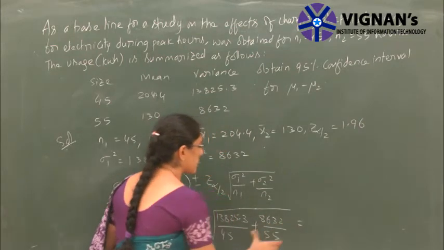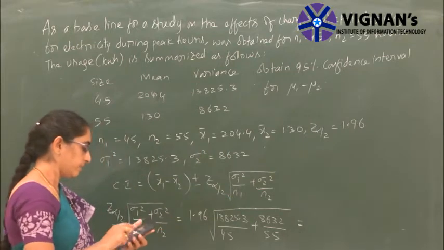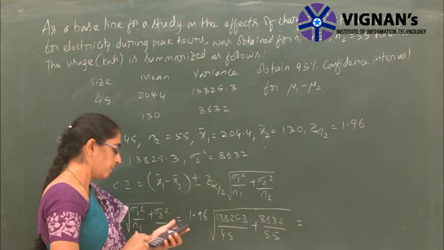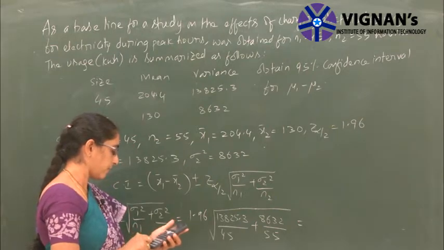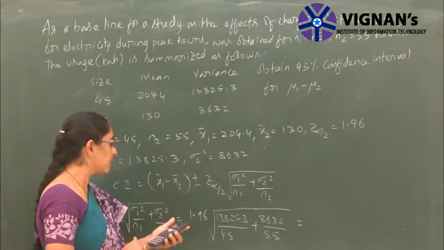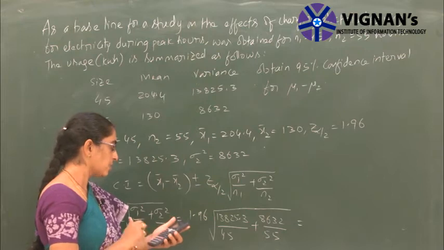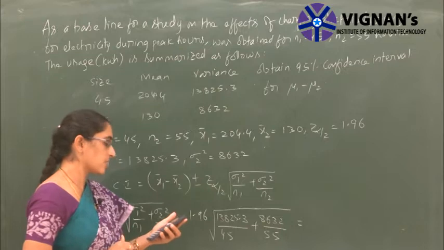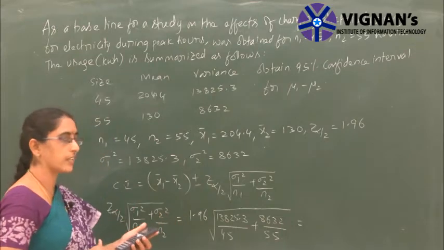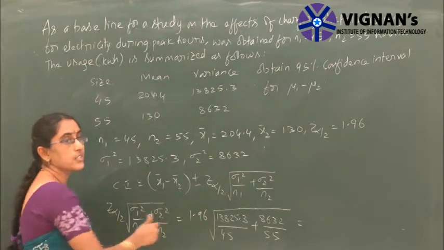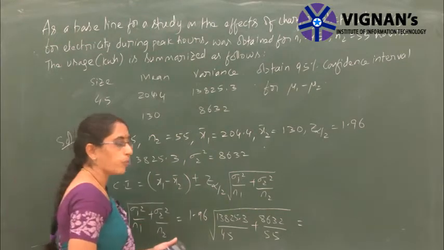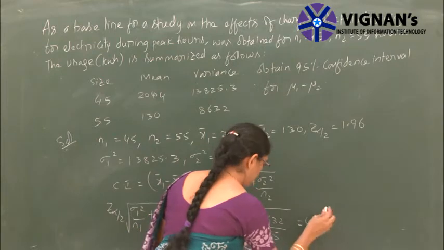First simplify this square root part. 13825.3 divided by 45 plus 8632 divided by 55. Under the square root it is 21.5447, into z alpha by 2, 1.96. So it is 42.276.